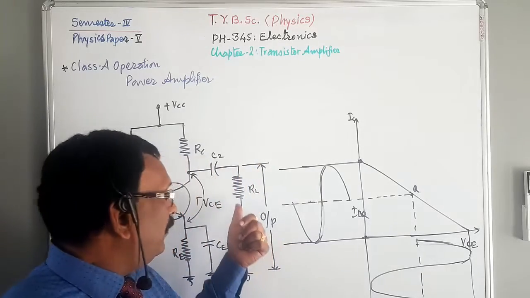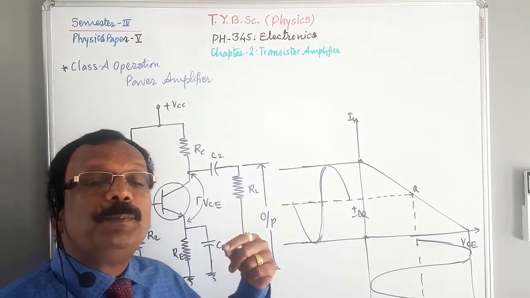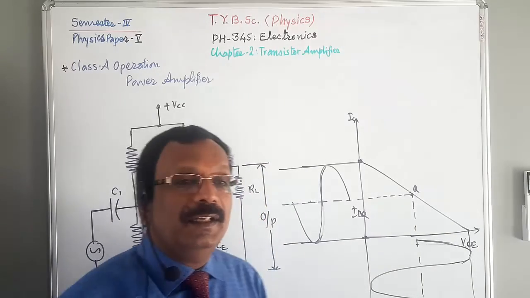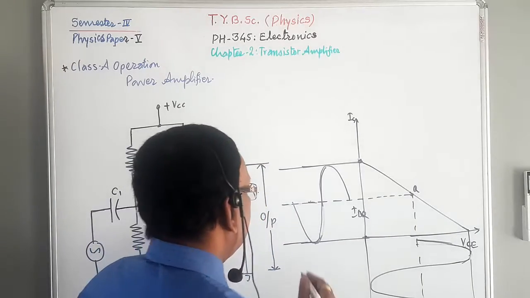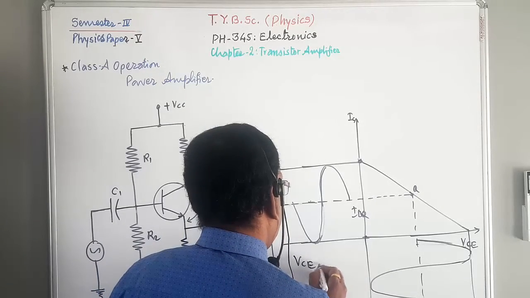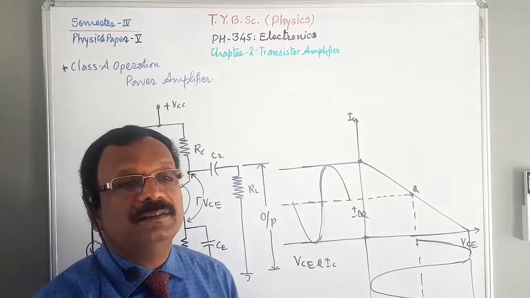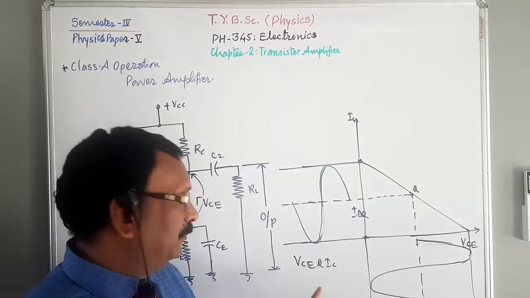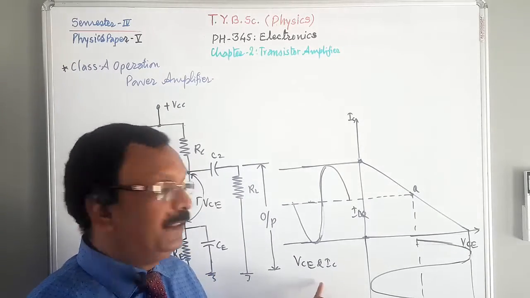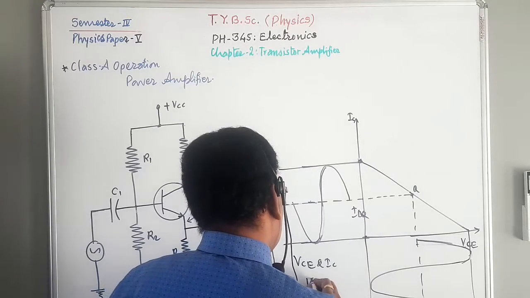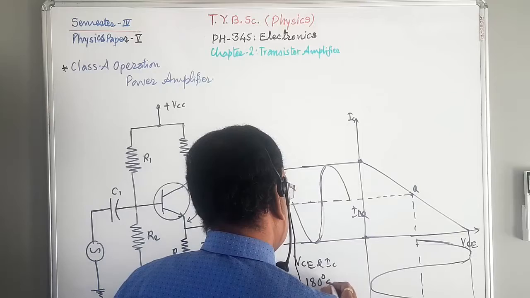This VCE also fluctuates sinusoidally. Note that VCE and IC changes are 180 degrees out of phase.